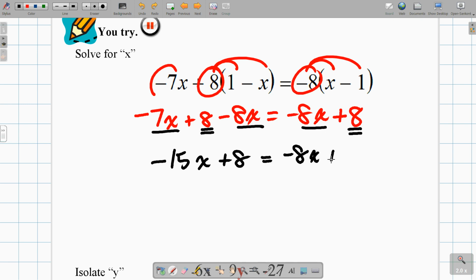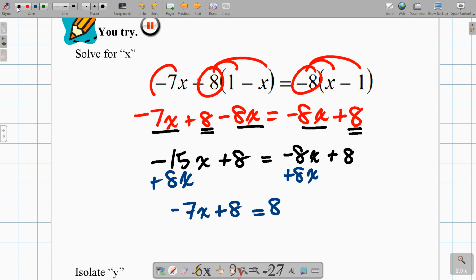Yes, you were right. x was 0 there. 0 is a number. 0 is a potential answer. The only way negative 7 times anything equals 0 is if that unknown is 0.